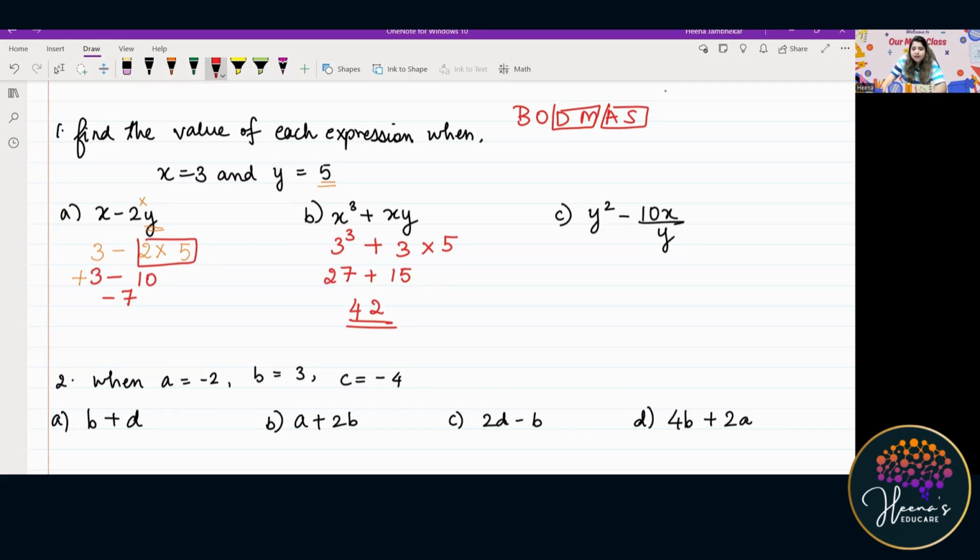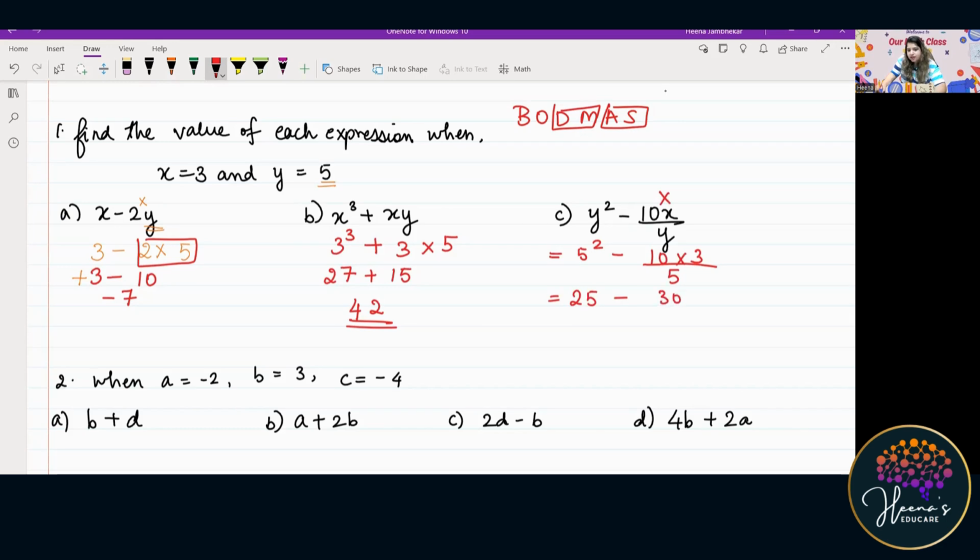You have y square minus 10x upon y. So y square is nothing but 5 square minus 10. There is no sign in between. There is a multiplication sign here. So 10 into 3 upon 5. 5 square is nothing but 25 minus 10 into 3.